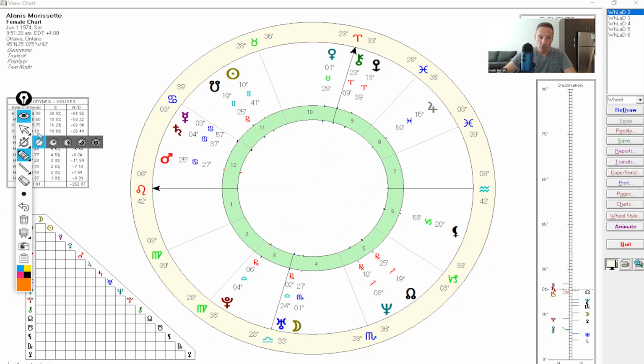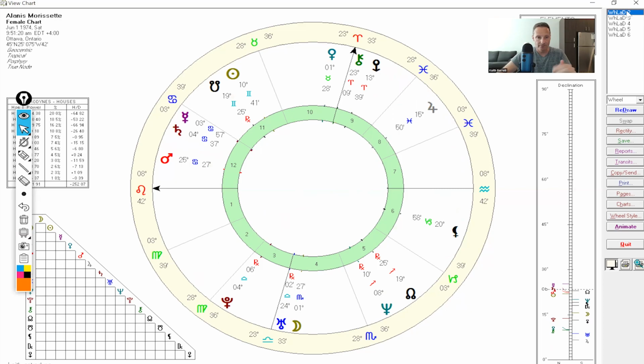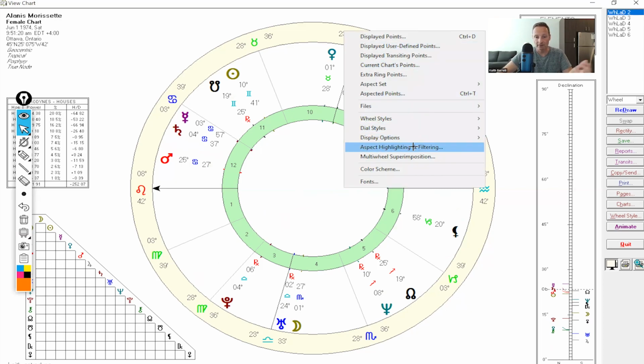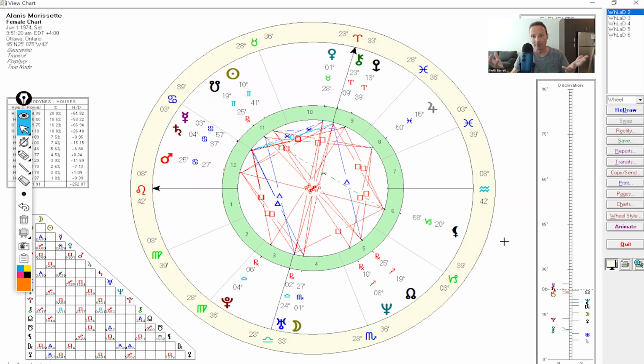And so I'll do one more example here. We're going to jump to Aaron Rodgers. Actually, no, before we do that, let's jump back again because I want to just touch on aspects here. So obviously I don't have any aspects showing, but let's do it, right? So boom, right?